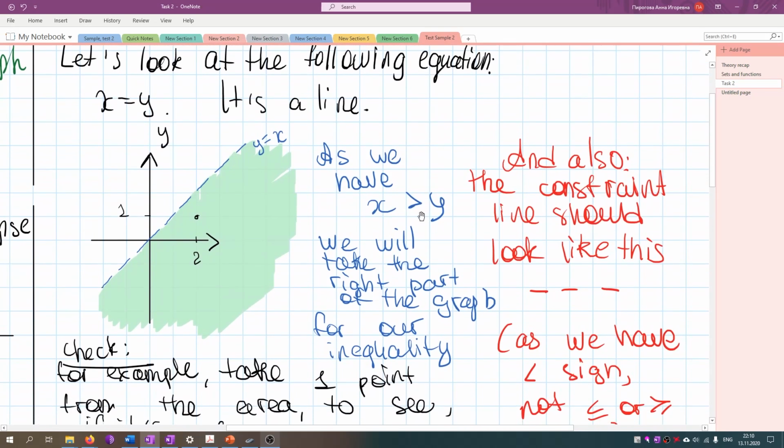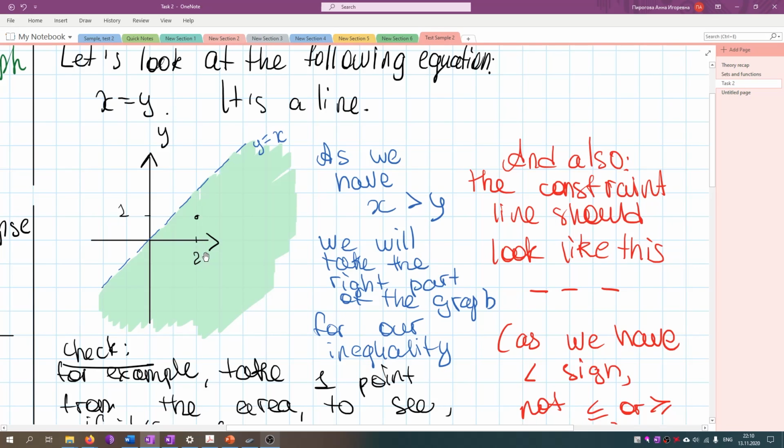And let's determine which part of the graph we should take. As you can notice, this line basically divides all the space into two parts, like left part and right part. So we can take any point from any area and check where x is greater than y.